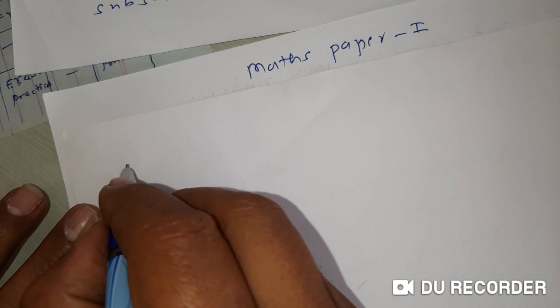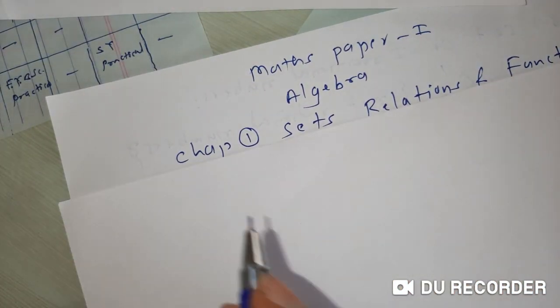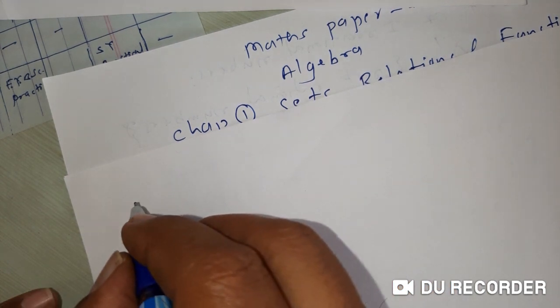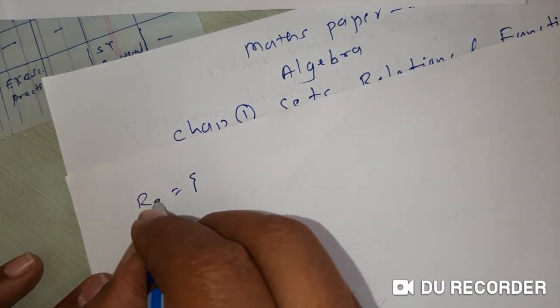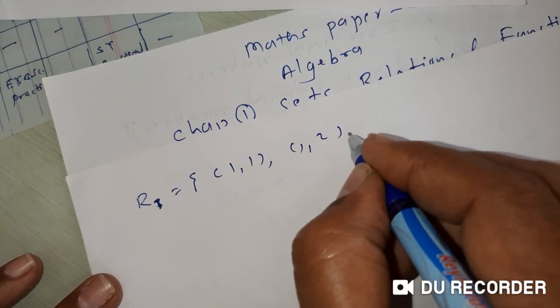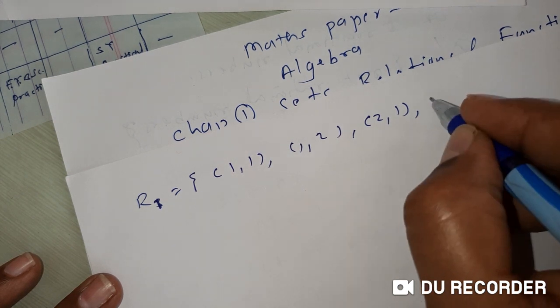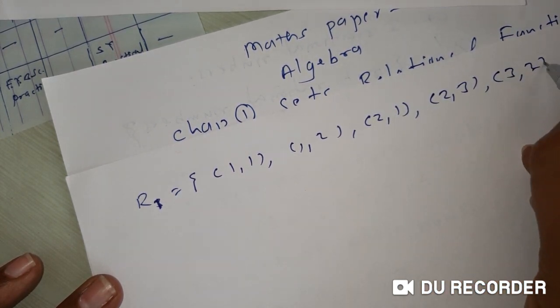So we take a subset of A cross A. Let the notation be R3, that is (1,1), (1,2), (2,1), (2,3) and (3,2).